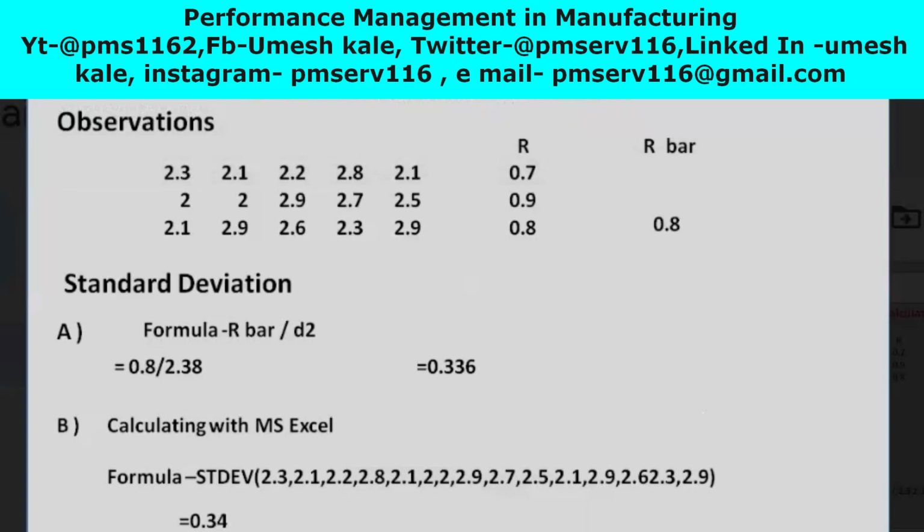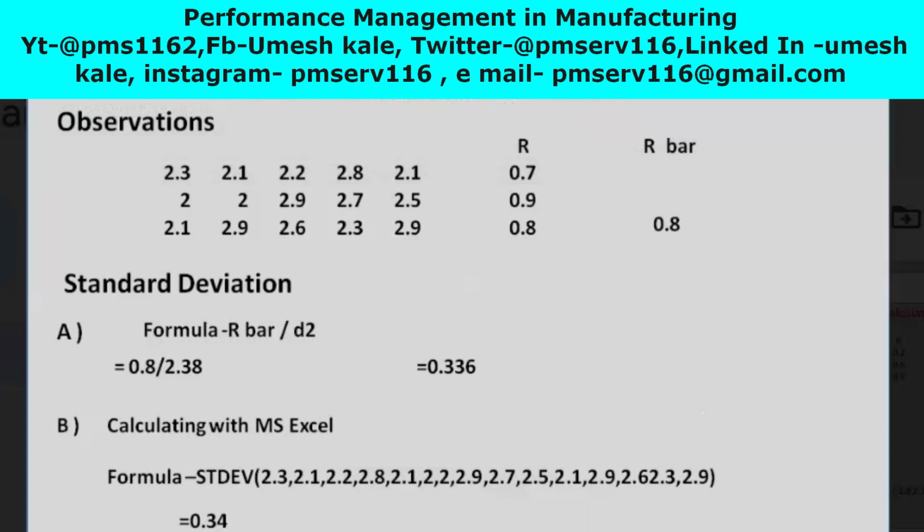So our standard deviation is 0.336. This sigma value you should use for your calculation. For the process capability study, the formula is 2T divided by 6 sigma. So 2 into whatever process tolerance you have, divided by 6 into this value 0.336.